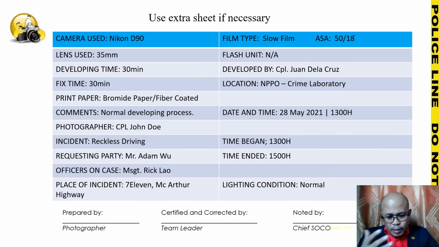And on a separate sheet of that, there are the important details, no, proving the technical manifestations na ginawa nga natin itong photographic documentation, and that there must be a reflection of the camera used, the lens used, okay, the developing time, the fixing time, the film type, the flash unit, who developed it, the location, the date and the time, the incident, of course, who taken the photographs, who is the requesting party, and some important details kung saan na turn over itong film at saka ang camera, saan at kailan dinevelop, sino ang nag-request.